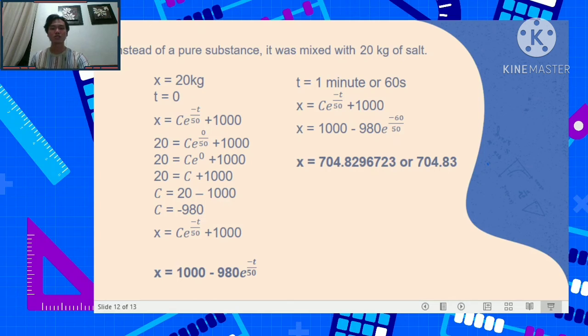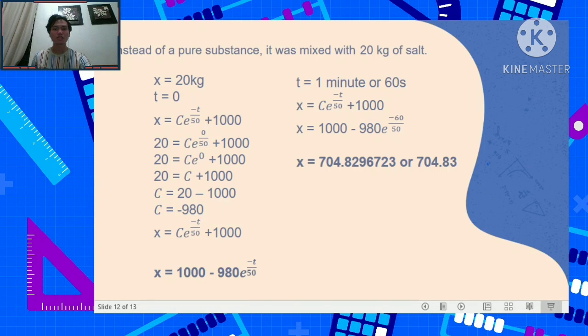And substitute it to the base formula. We will have x is equal to 1000 minus 980 e to the power of negative t over 50. And if t is equal to 1 minute or 60 seconds, we will also use the base formula, and we will have x is equal to 1000 minus 980 e.